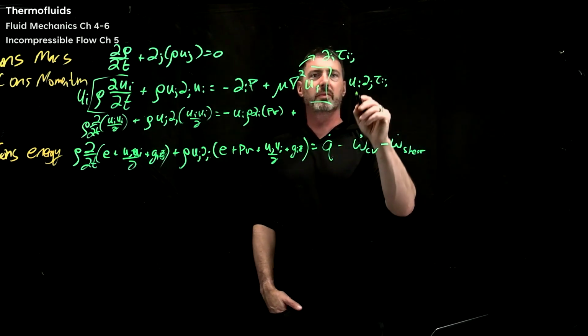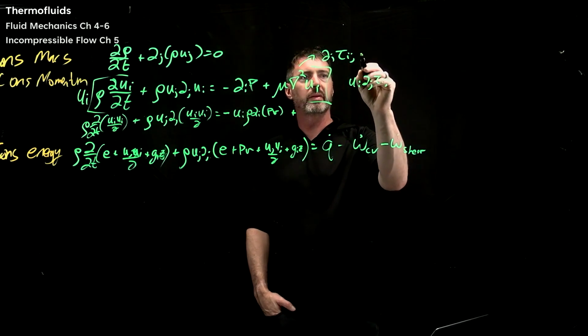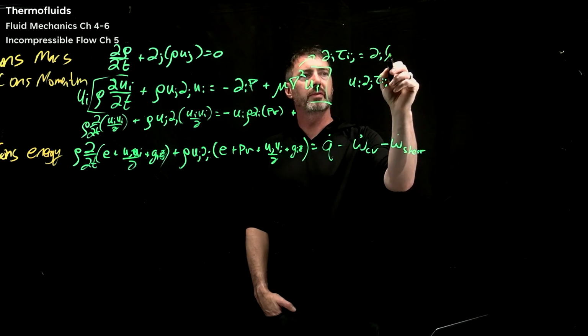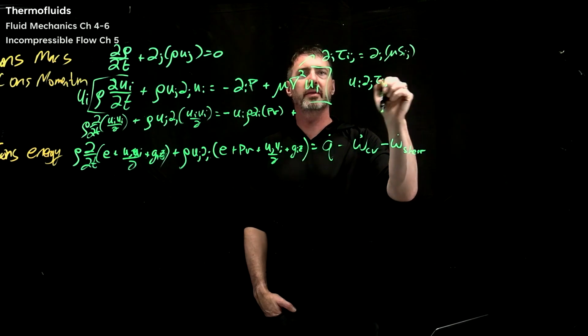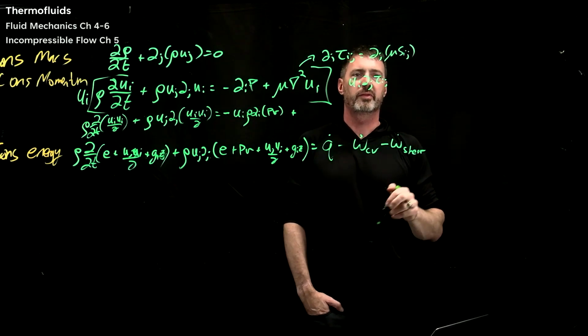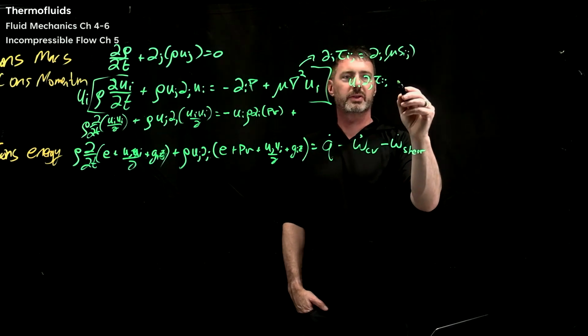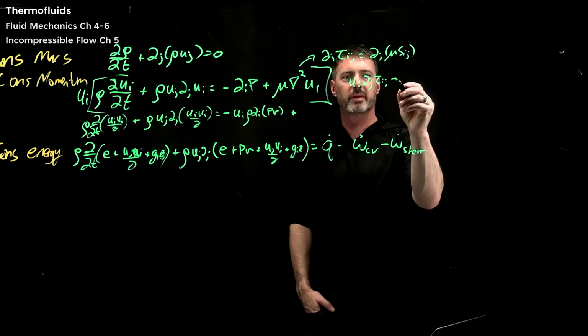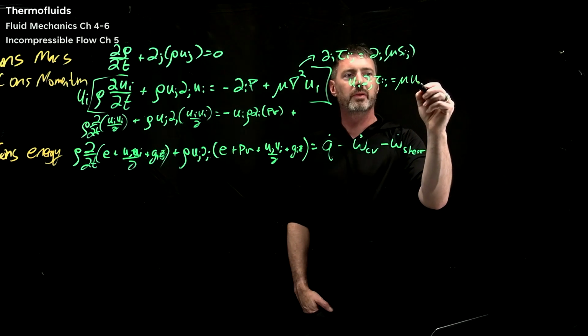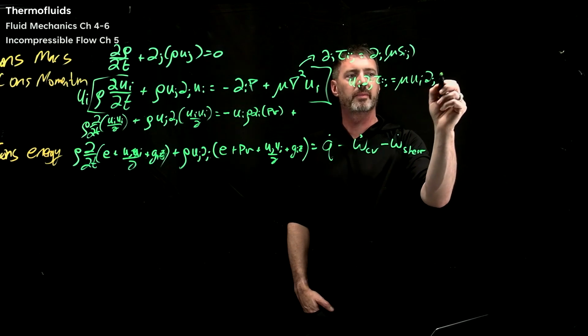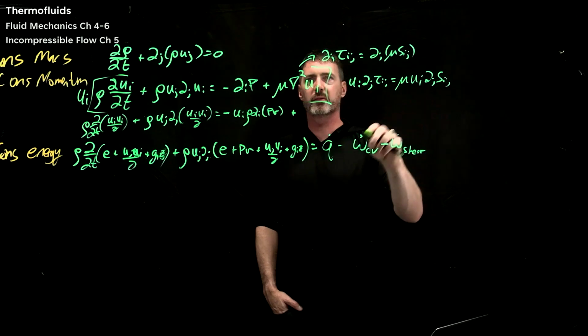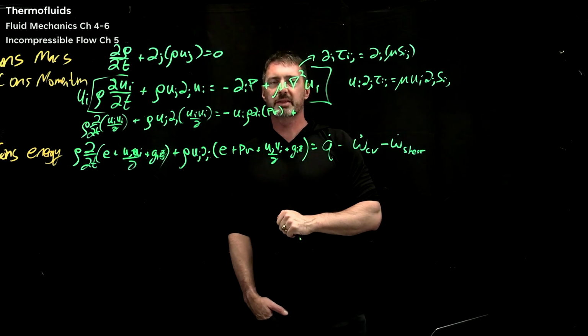You could also remember that this is del j of mu sij if it's incompressible. And so same thing here, you could see this as mu ui del j sij. A couple different ways of writing it that are all basically equivalent.